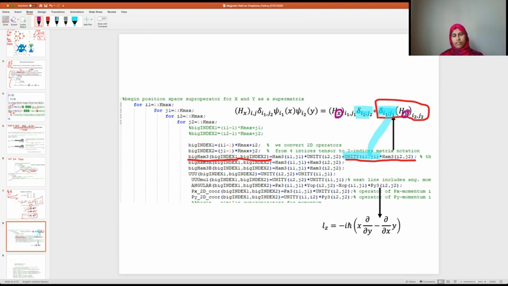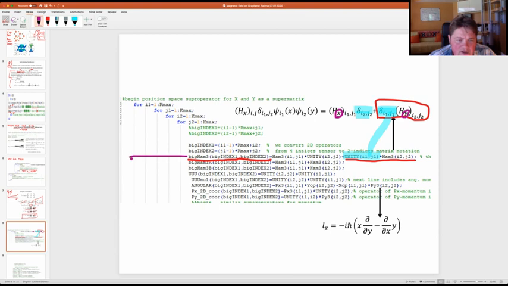That's all. Well, the Hamiltonian in this variable does have 4 indices: I1, I2, J1, and J2.